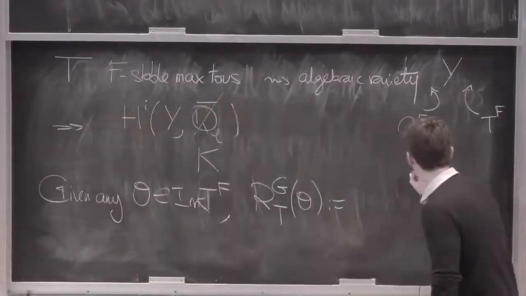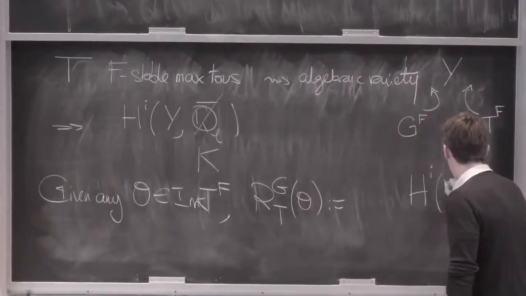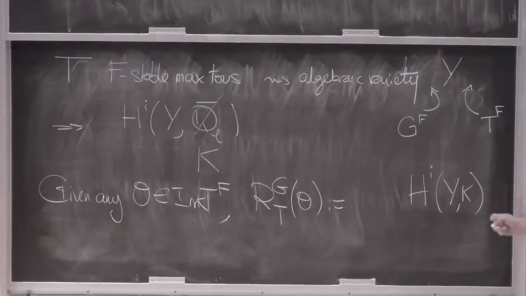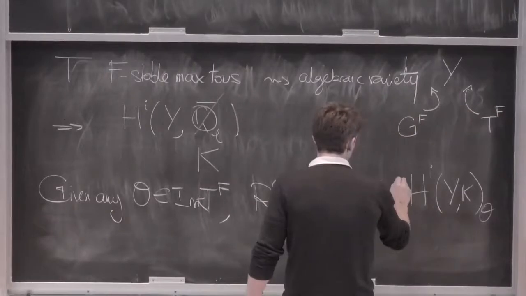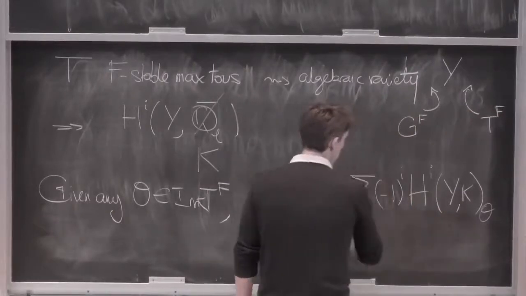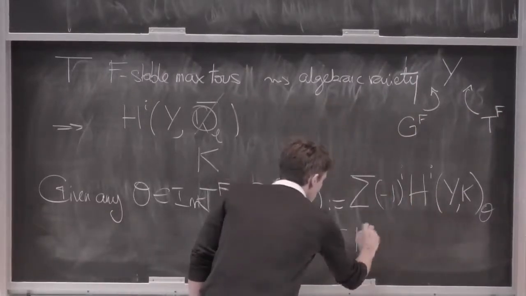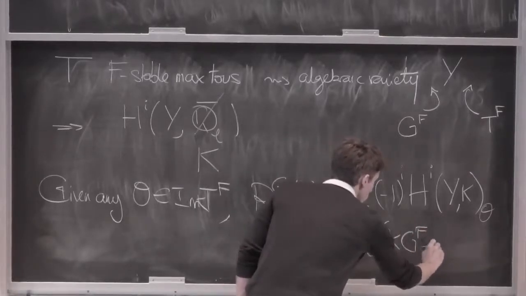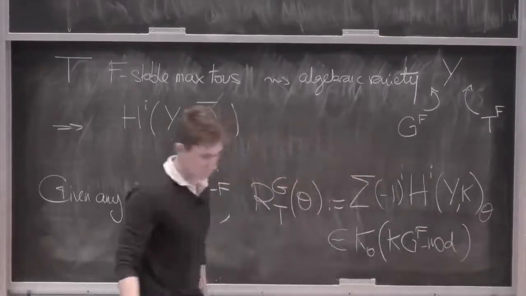You look at each cohomology group of your variety. You cut by the action of theta, so you keep only the theta-isotypic part, the part where your torus acts via this character theta. And you take the alternating sum, and what you get is a virtual character, an element of the Grothendieck group of your representations.